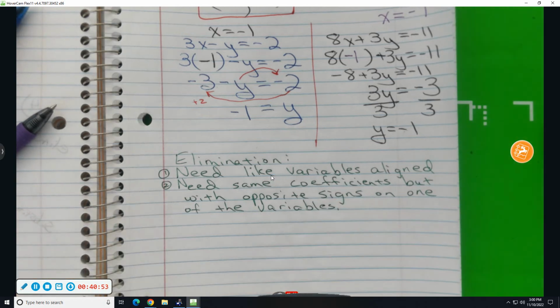And make a note, you may need to multiply one or both equations by a number to get those same numbers of the same coefficient but opposite signs.